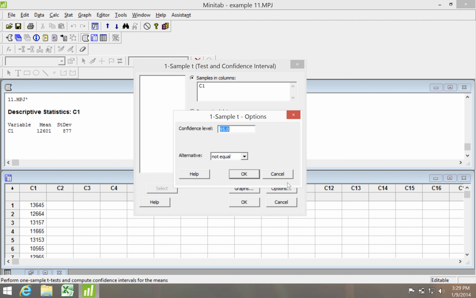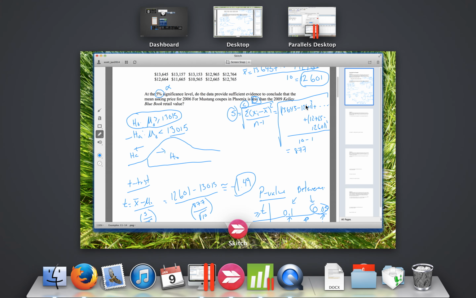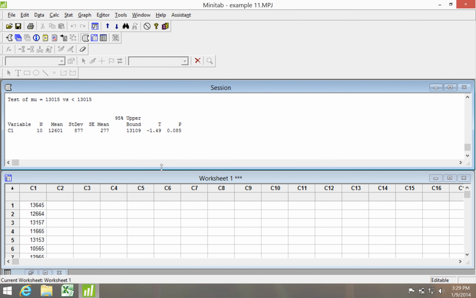Make sure to click on Options. You want to be 95% confident, which means alpha is 5%, the leftover percentage. In the alternative, remember, our sign was less than. Let's just check: here's the alternative, and the sign is less than. OK, and OK. Here it's telling me my t-value is negative 1.49.